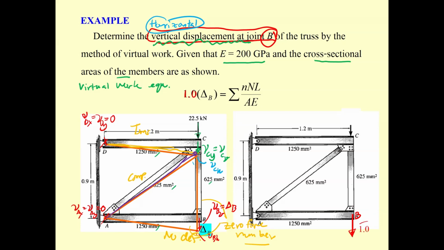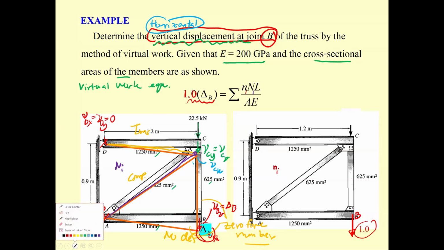Now, 1.0 times delta sub B is going to be the external virtual work. For the given picture, you may determine N sub I. This is going to be N sub I, and for the one over here, you can have small n sub I. Then where is L?